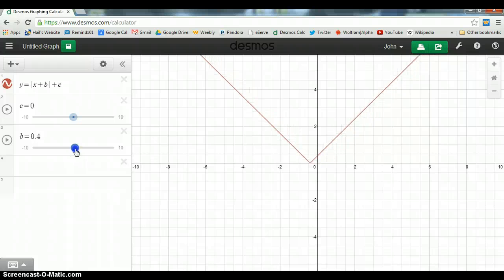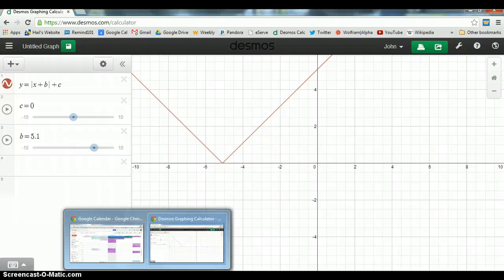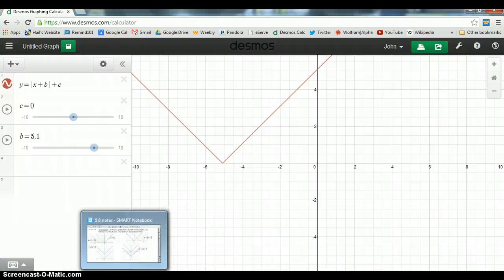Whereas when I move to the right, the graph moves left. So right now I'm at y equals the absolute value of x plus 5.1, and you can see that graph has shifted left. Kind of a cool little application, and again, that link is there for you.